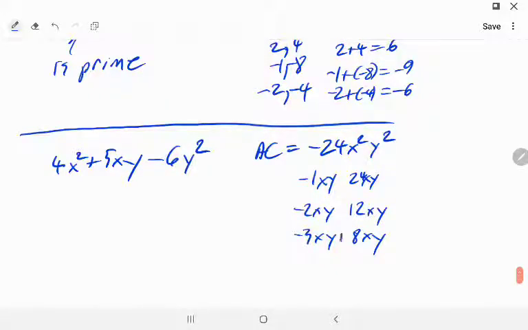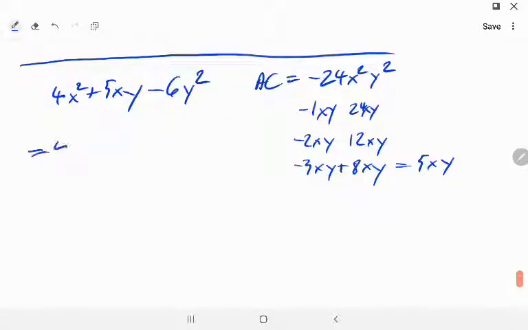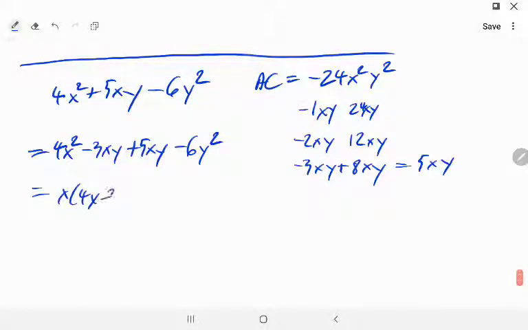We notice that negative 3xy plus 8xy gives us 5xy, and so we can write that as 4x squared minus 3xy plus 5xy minus 6y squared, and now we can factor by grouping. We get x times 4x minus 3y plus y times 5x.